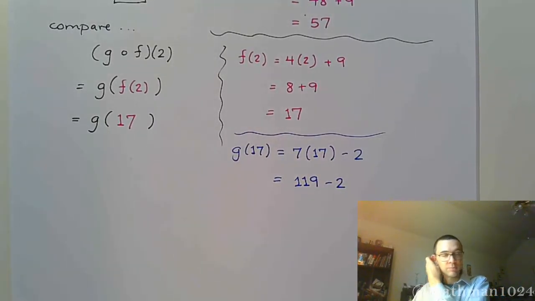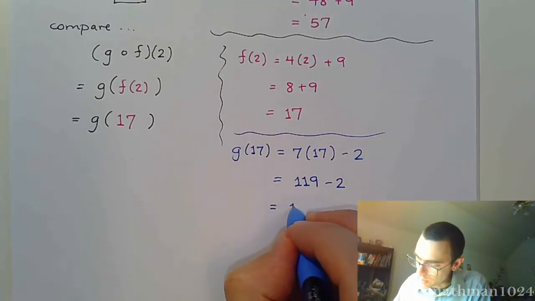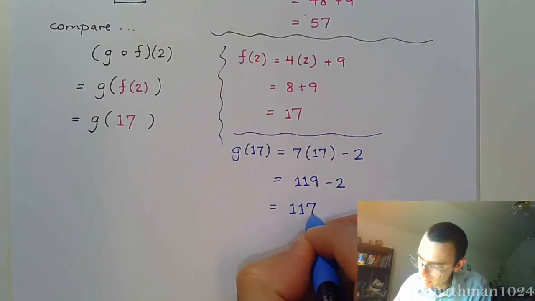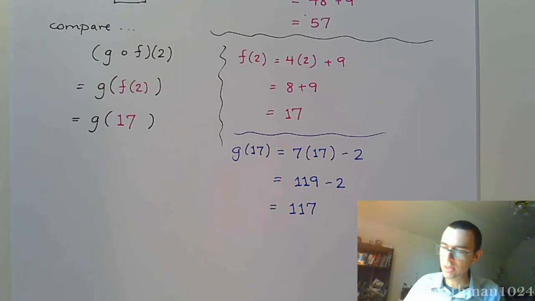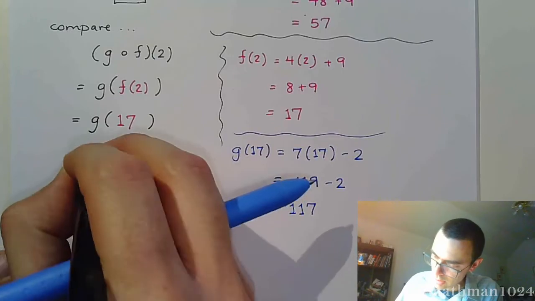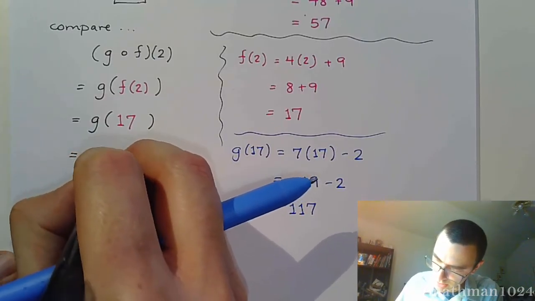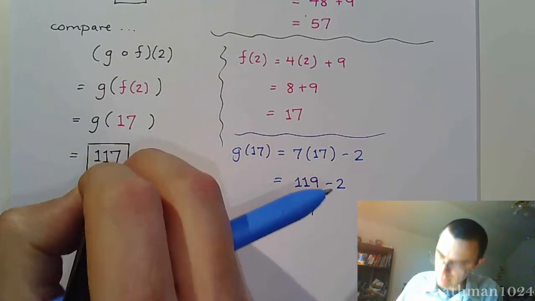Minus 2. And all together we get 117. Okay? What do you guys think? Nice and easy, right? So that's 117 at the end.